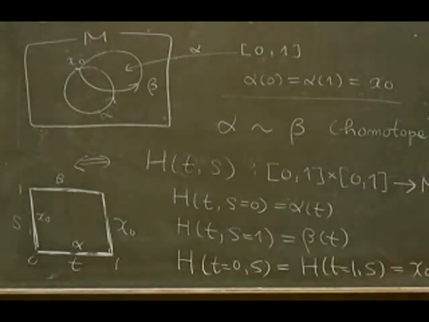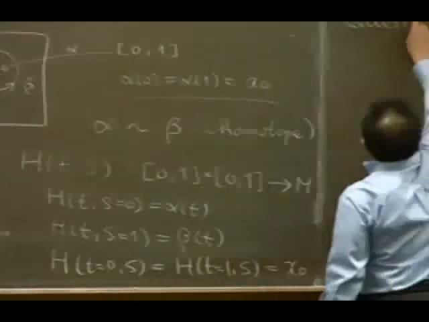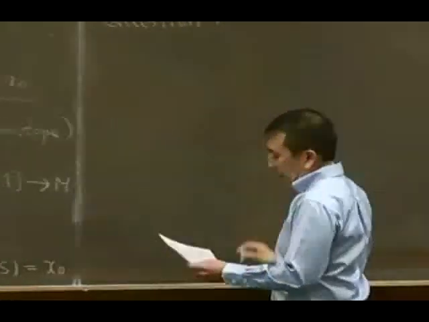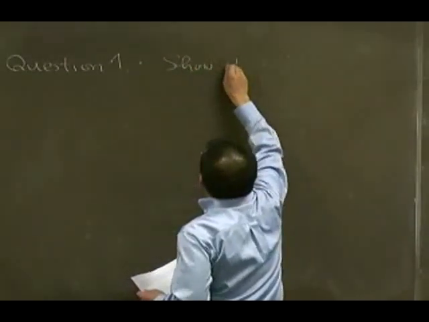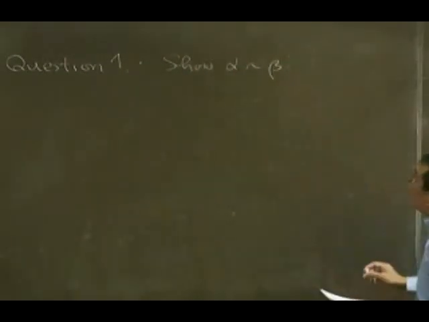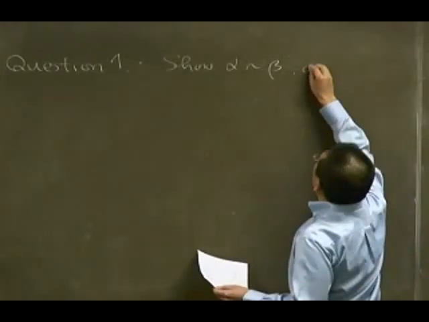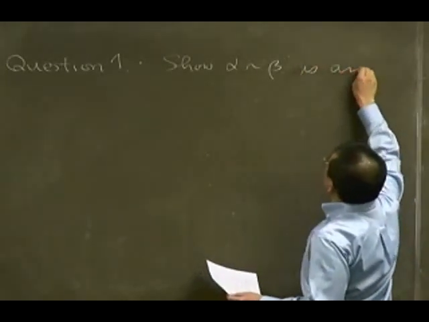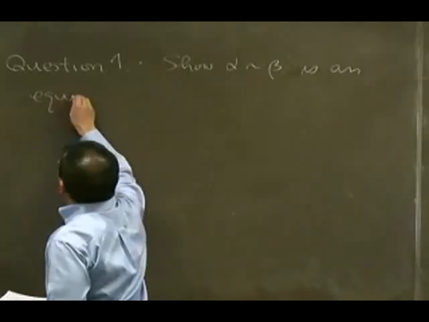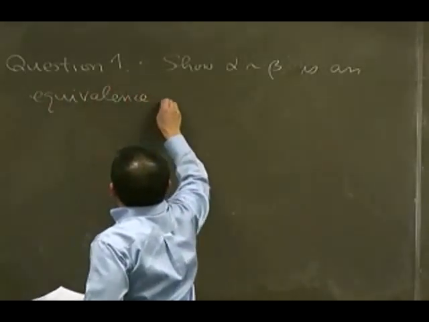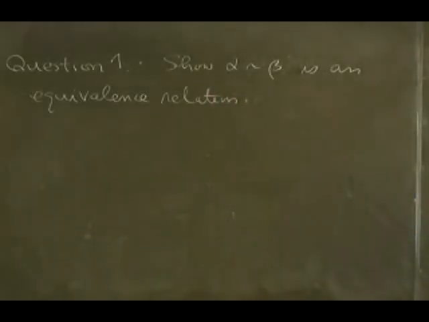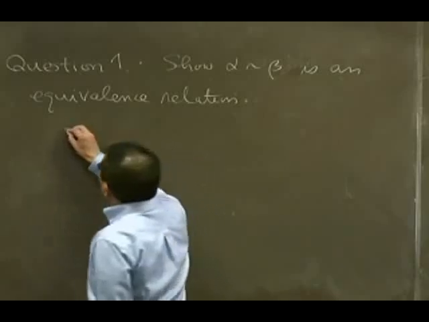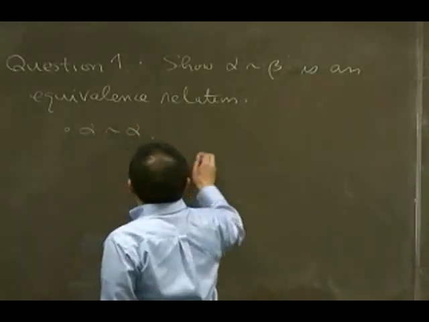So, assuming that's clear, I'm going to ask you the first question. Show that alpha being equivalent to beta is indeed an equivalence relation. That is to show that alpha is equivalent to itself.